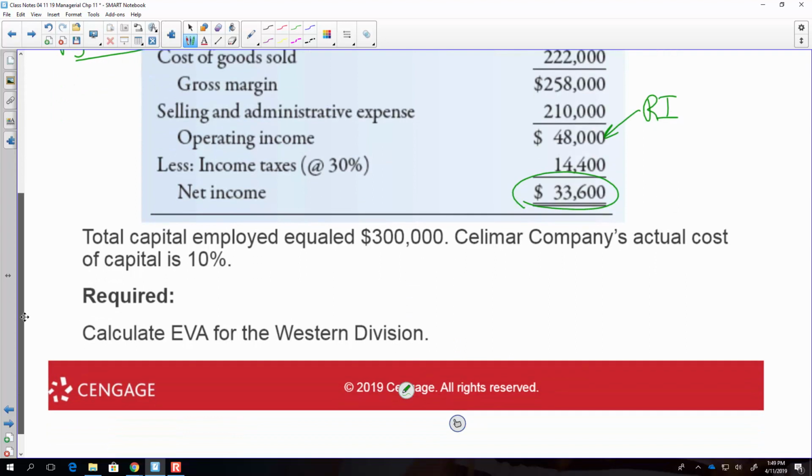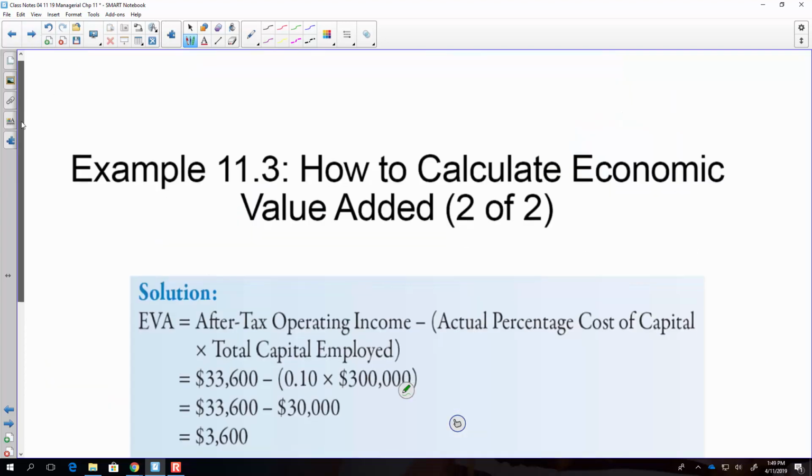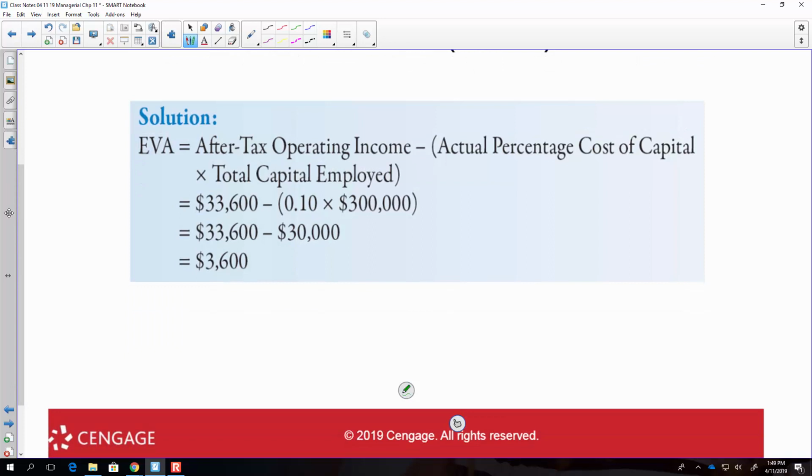And the problem states their borrowing cost is 10%. So that is used instead of the company's minimum rate of return. And it's very similar to residual income. We take our after tax income minus 10% of the capital employed, which happens to be 300,000. So we have a positive economic value added of 3,600.